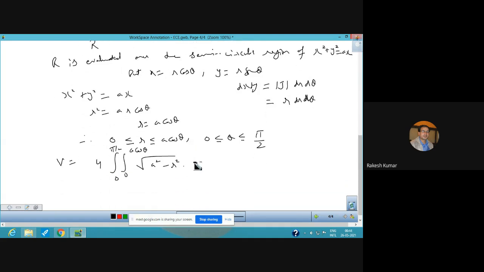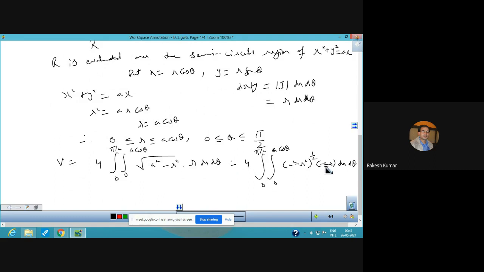Into Jacobian is r dr d theta, that is 4 times 0 to pi by 2. Now we have to integrate with respect to r first, because r is the variable which contains theta. So this is a square minus r square raised to power 1 by 2, and its derivative should be minus 2r dr d theta.